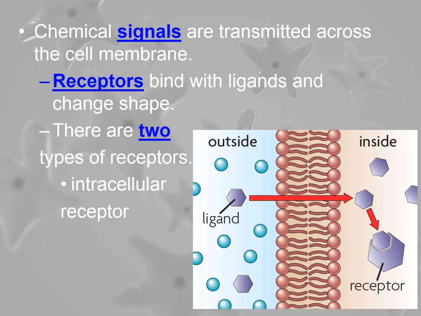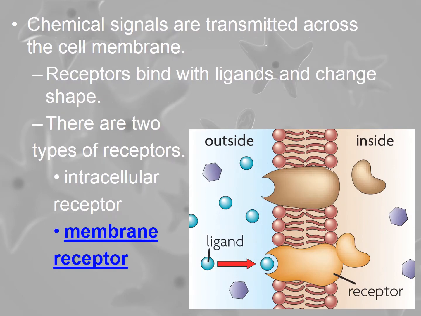There can be intracellular receptors. That means there's a receptor on the inside of the cell, so that ligand or that message has to get through the membrane and find that receptor, bind to it, and then the cell goes, oh, okay, I know what you're saying. The other type of receptor is called a membrane receptor.